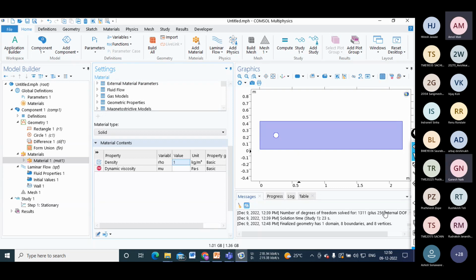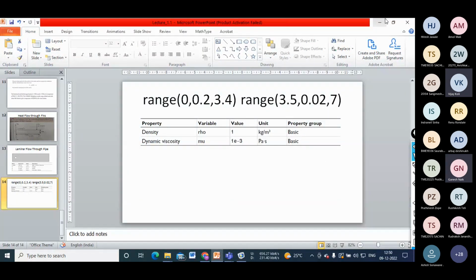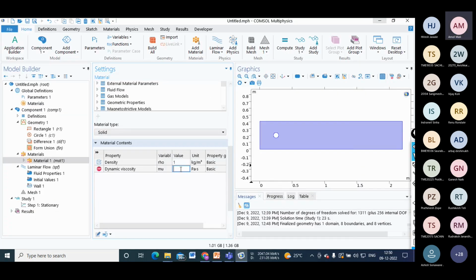Can anyone say? Prathamesh, Vijay. How much is the density of air? Yes, anyone? Sir, 1 point something. 1 point something means what? What is 1 point something? Okay, and what is the 1.2.